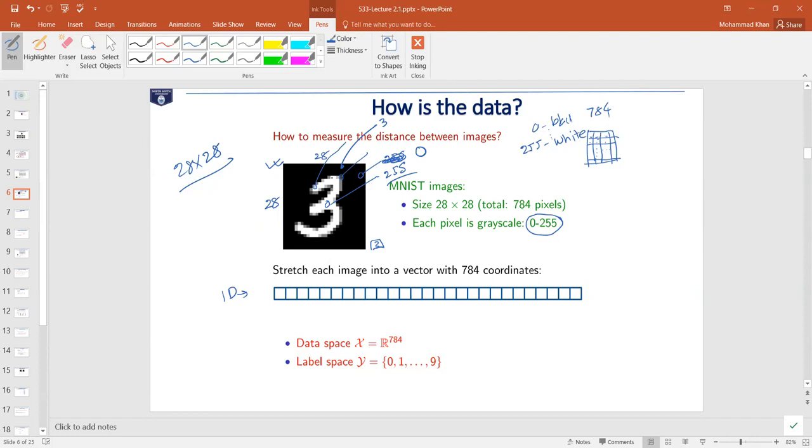So how do you unmarshal the structure? We know that there are 28 rows and 28 columns here. So we take row number 0, or the first row, and we write here maybe these first 28 numbers. So this first row is coming here.